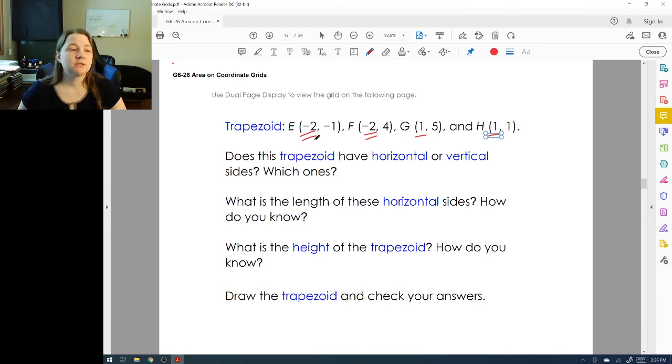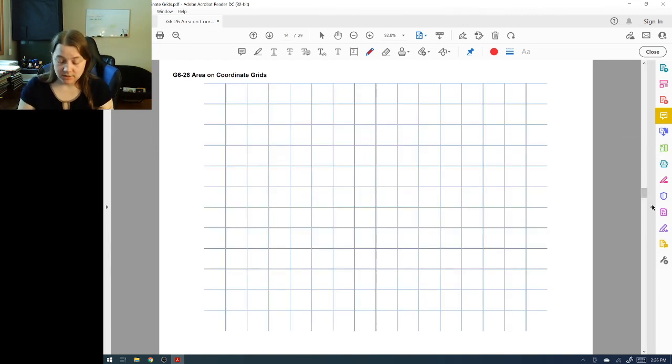So then they want us to draw the trapezoid to check the answers. So we're going to have -2, -1; -2, 4; 1, 5; and 1, 1. So let's go ahead and graph this out.